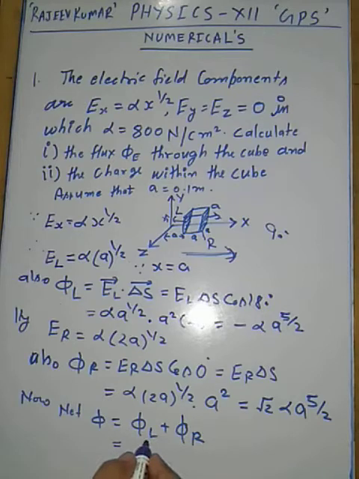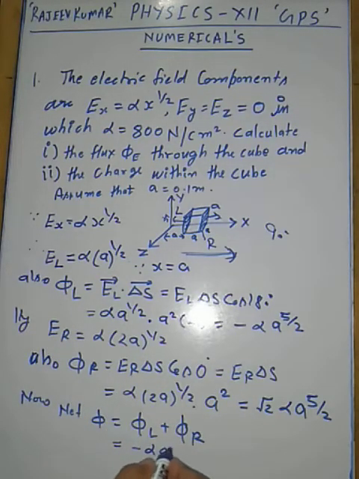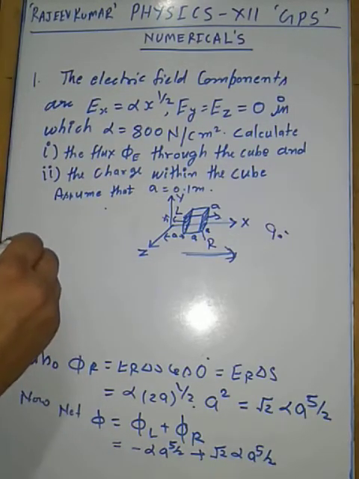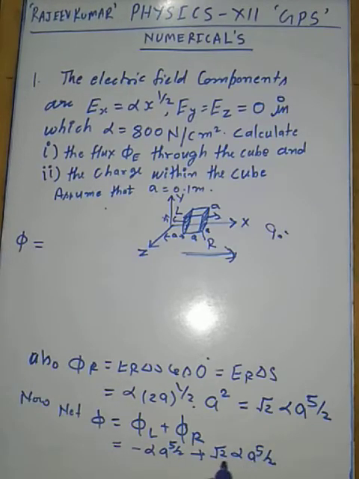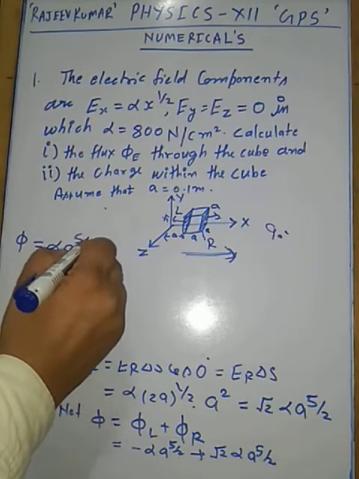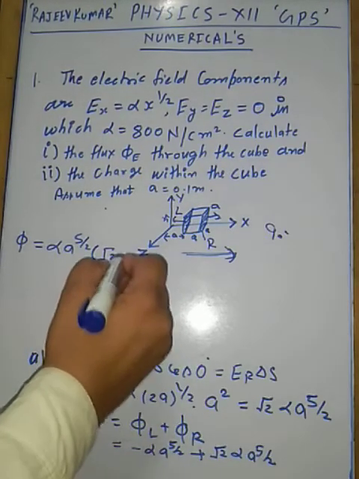Now phi L is equal to minus alpha a raised to the power 5 by 2, plus phi R, which is square root 2 alpha a raised to the power 5 by 2. Now phi is equal to alpha a raised to the power 5 by 2, which may be taken as common. Then square root 2 is left here, and then minus 1 is left here.